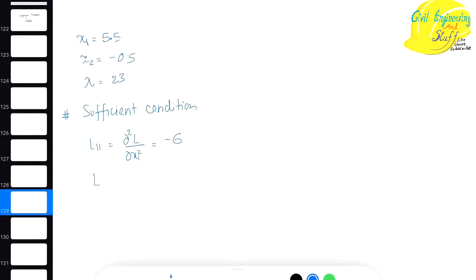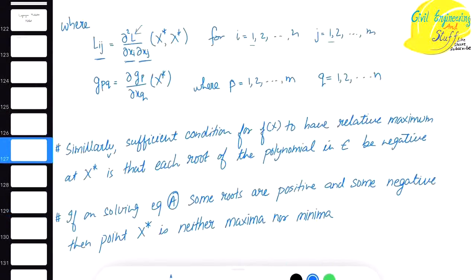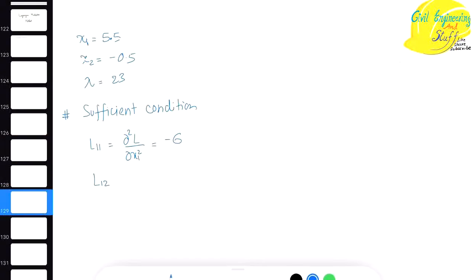Then we have L12, where i is 1 and j is 2. This means first differentiate with respect to x1, then with respect to x2.